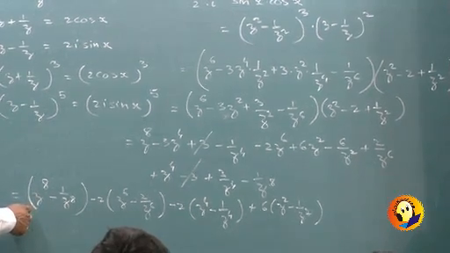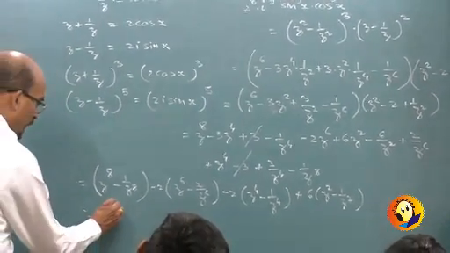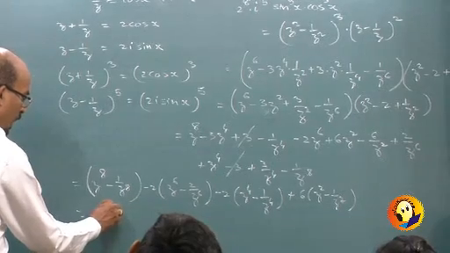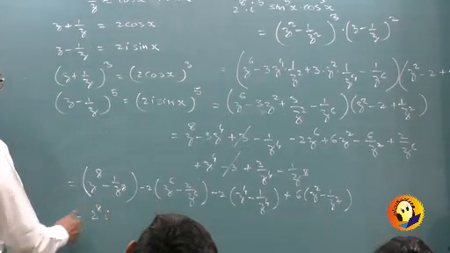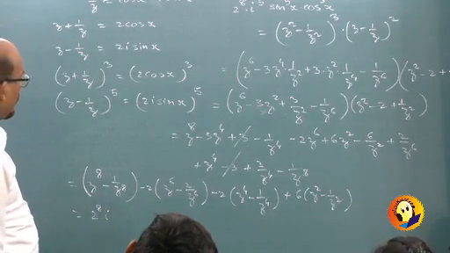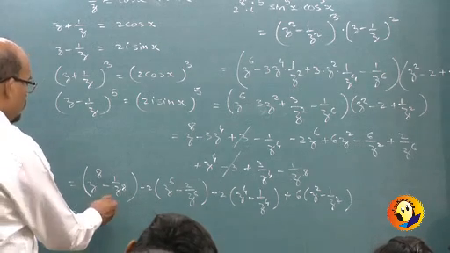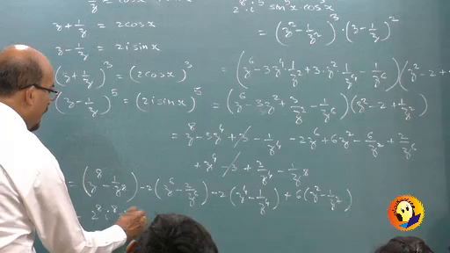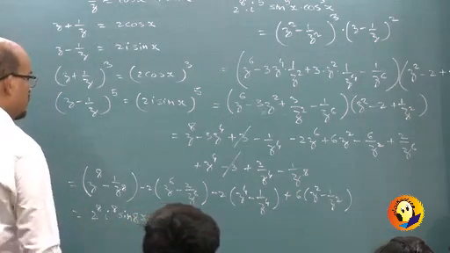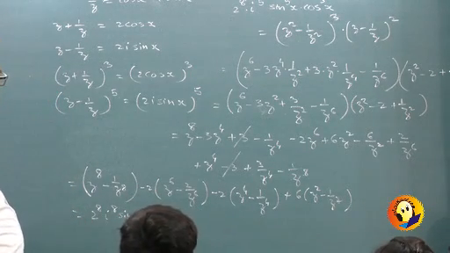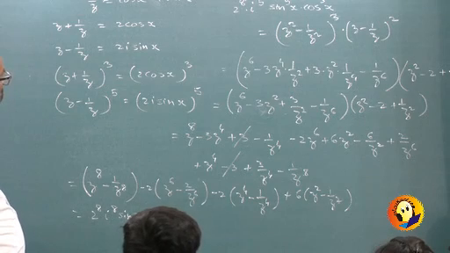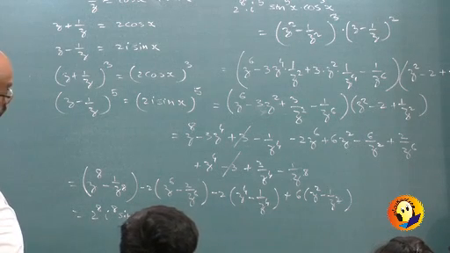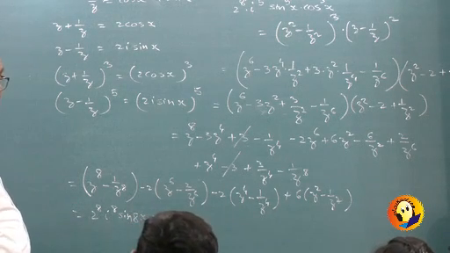How much will it be? 2 raised to 8 i raised to 8 sine of 8x minus... Why am I confused?